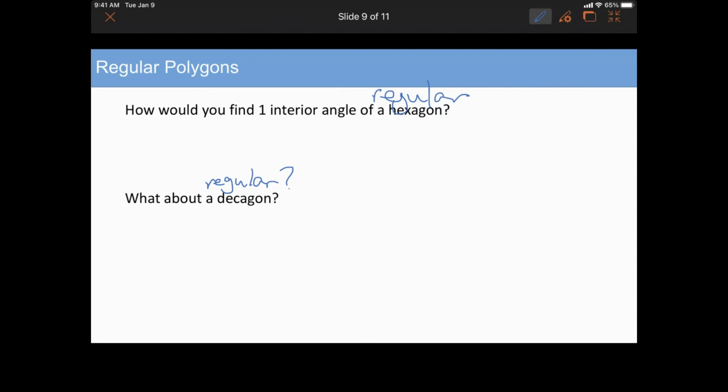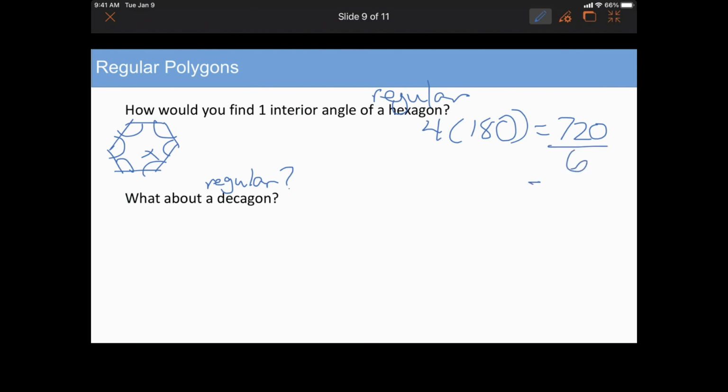Well, I remember a hexagon was 4 times 180, which is 6 minus 2 times 180. That was 720. Well, if all the angles are equal, then we can divide by 6. That's correct. So each one is going to be 120.